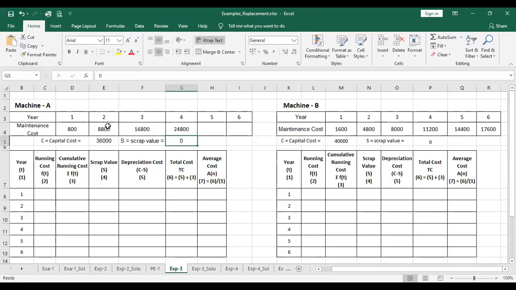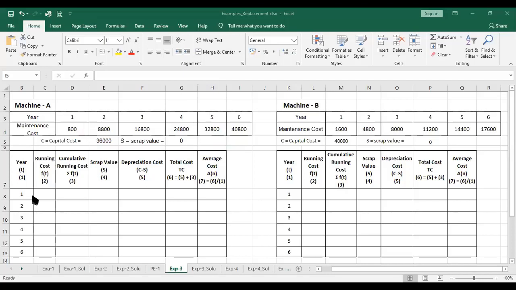So it is 24,800 rupees for the fourth year, and for the fifth year it is the previous year plus 8,000. We can do it in the same way also. And so for the sixth year, it is 40,800 rupees exactly. Okay. Yes, your replies are correct, Prashant.